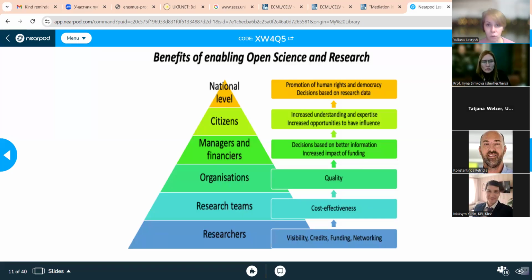So the benefits of open science are endless, and everywhere in your usual life, in your scientific life, in your educational life, professional life, you can find lots of these benefits personally for you and your university or company, it doesn't really matter.